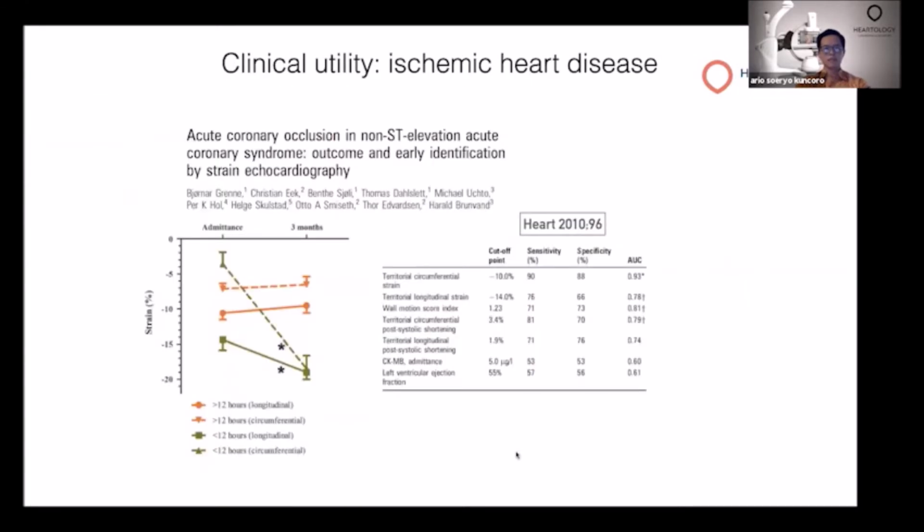Another clinical utility of strain imaging is in ischemic heart disease, where it is able to look at the outcome and allow early identification of outcome of a patient with non-ST elevation acute coronary syndrome, where the lower the global longitudinal strain, the worse the outcome.